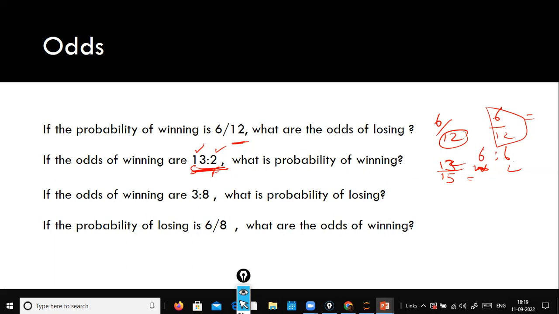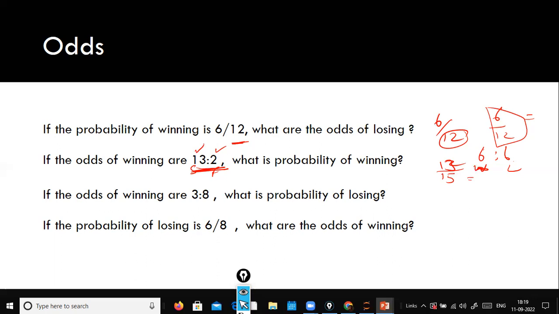The numerator, if you put 13, that is what you are winning. What about the losing? Yes, Gilbert answered correctly. How about others? Jivanandam, no, 13 divided by 15, you will not get 7.5. The probability value should be between 0 and 1.